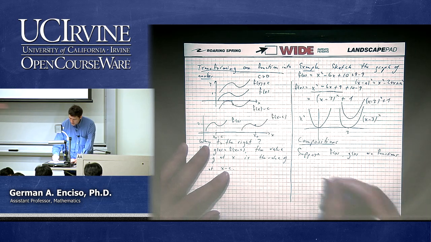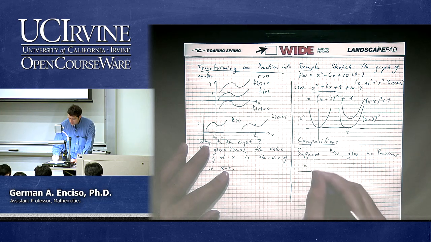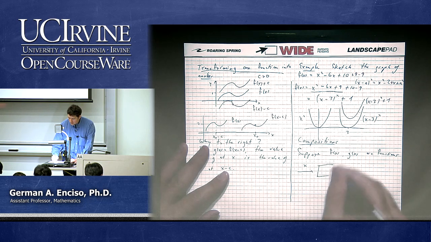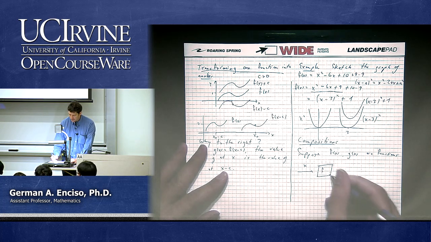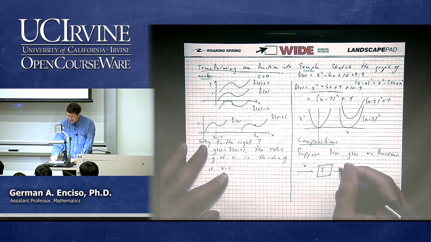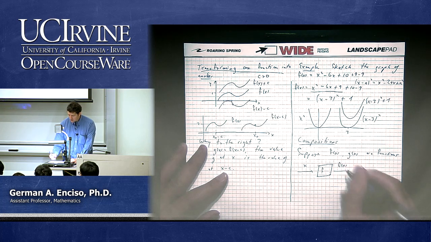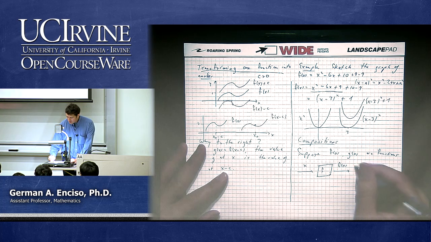So what we're going to do is imagine again a function as a machine. So you start with x, you plug it into this black box called f, the machine f, and out comes f of x, right? Now here's the machine g.